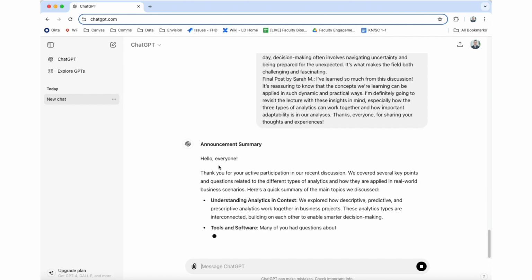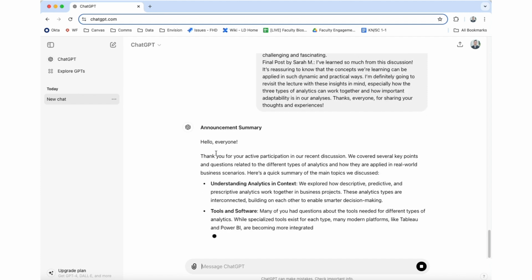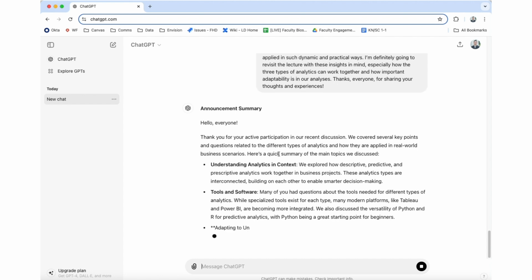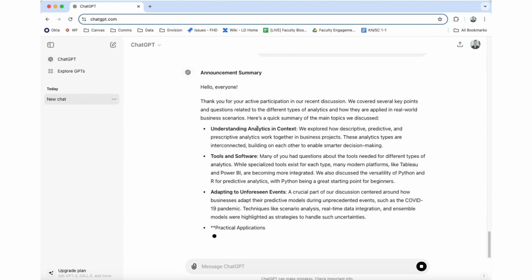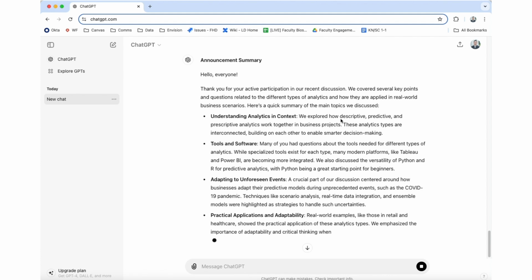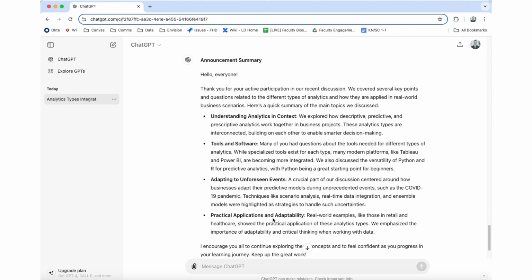AI now generates an announcement that starts with "Hello everyone," and it thanks them for the active participation. It starts with a quick summary of the main topics that were discussed, such as understanding analytics and context, tools and software, adapting to unforeseen events, and practical applications and adaptability.